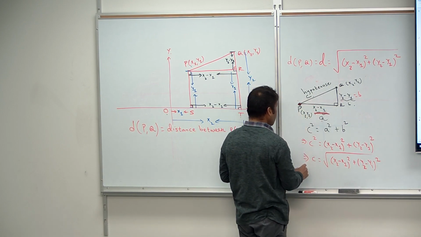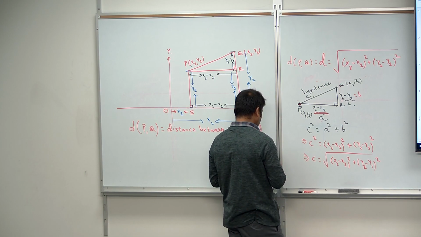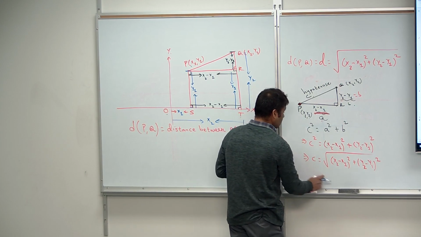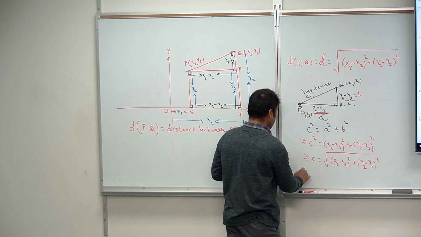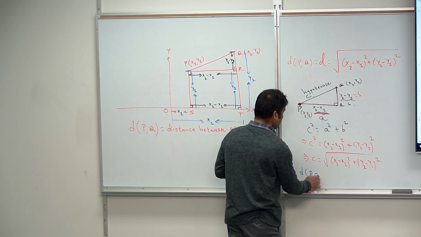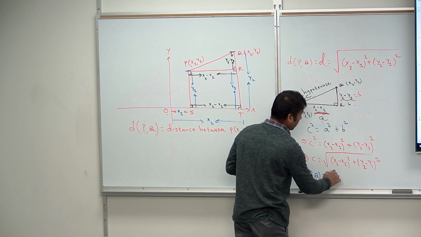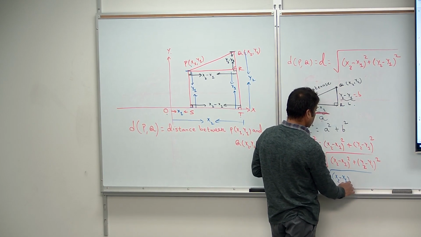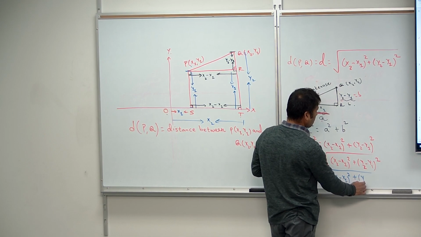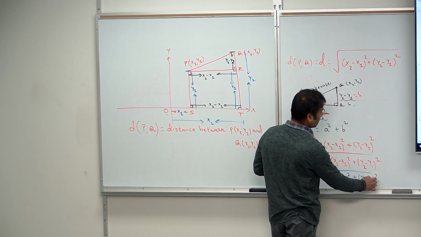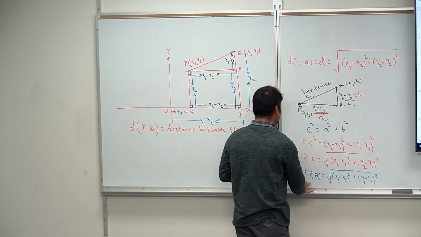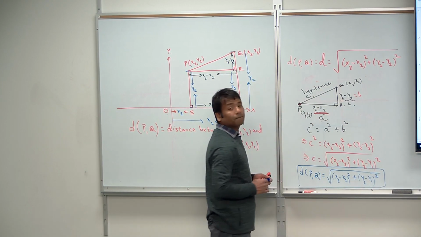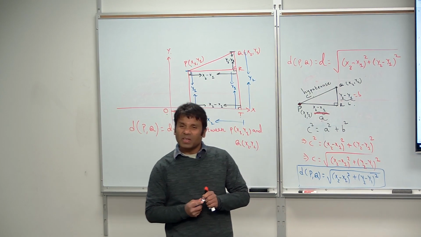Distance between P and Q. So the distance between P and Q is going to be the radical of (x2 minus x1) square plus (y2 minus y1) square. So this is the distance formula. Did you see that?